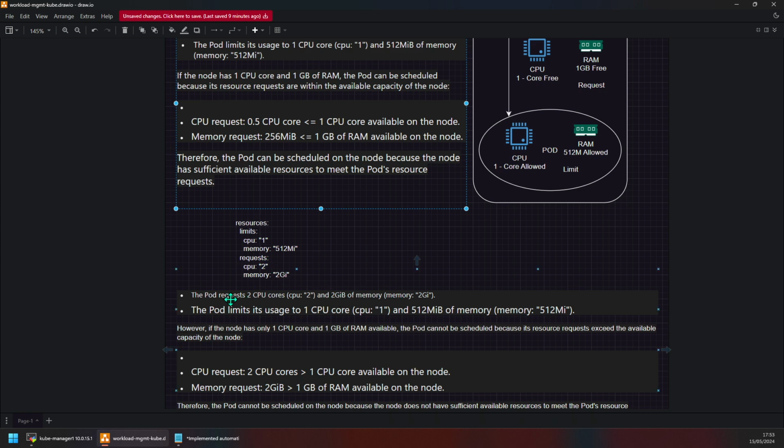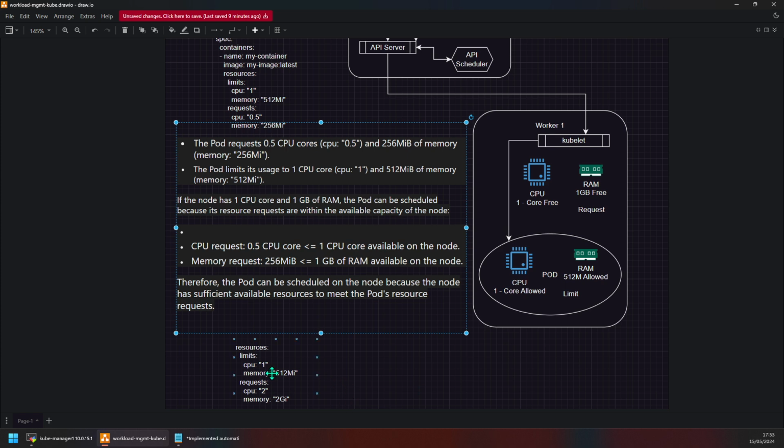The pod limit is the same as we discussed earlier. However, if the node has 1 CPU and 1 GB of RAM available, the pod cannot be scheduled because its resource request exceeds the available capacity of the node. It compares the CPU request of 2 CPUs but the node has only 1, and the memory request of 2 GB but the worker node has only 1 GB. Therefore, the pod cannot be scheduled on this node.